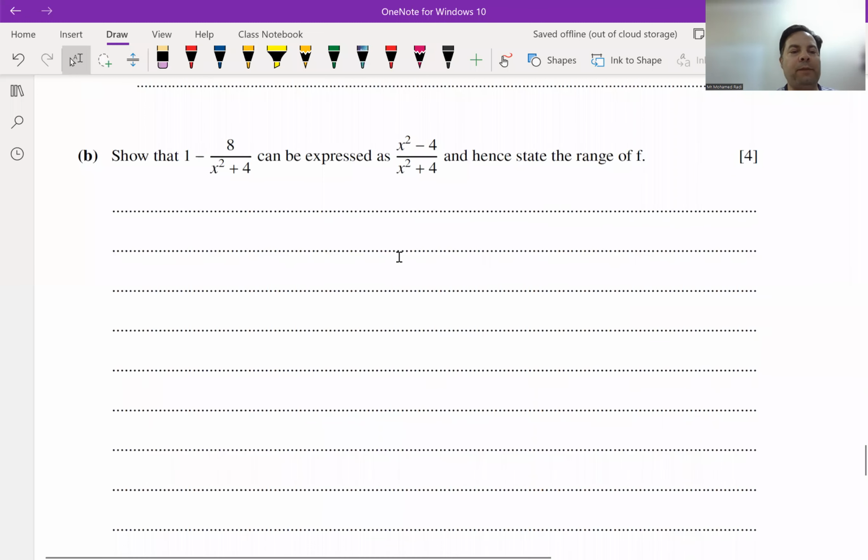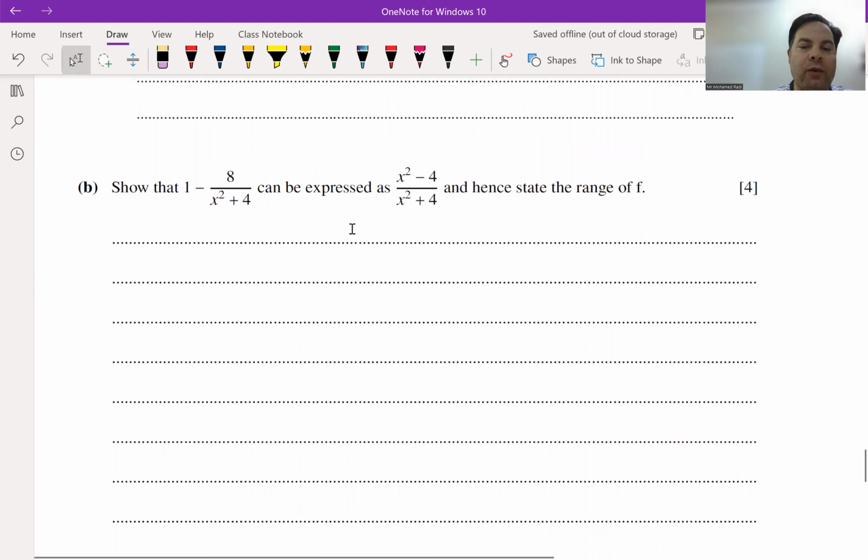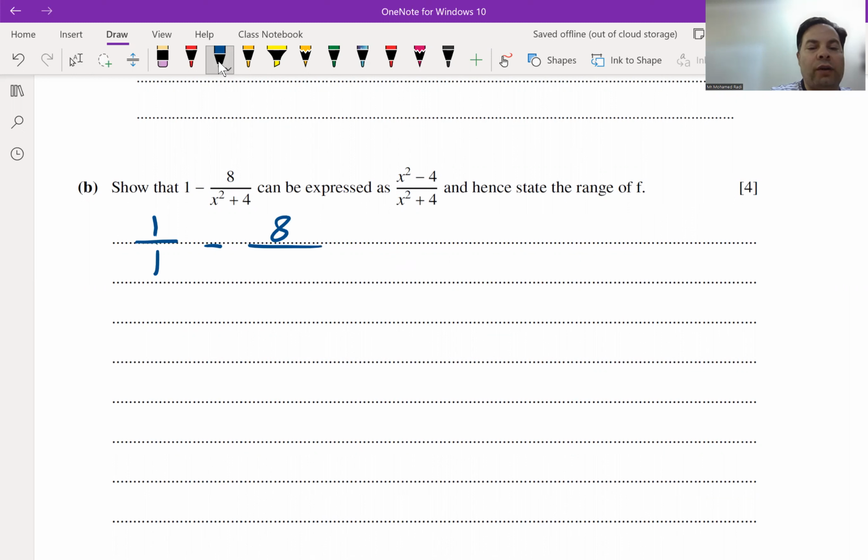In part B, he asked to show that 1 minus 8 over x squared plus 4 can be expressed as x squared minus 4 over x squared plus 4. This is two fractions, and he asked to get it as a single fraction. I will start with writing 1 over 1 minus 8 over x squared plus 4.